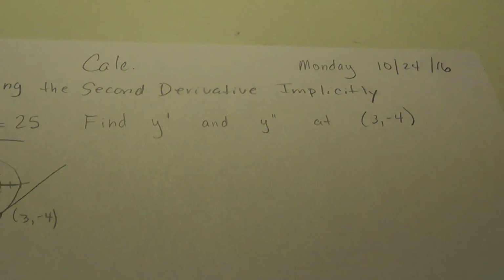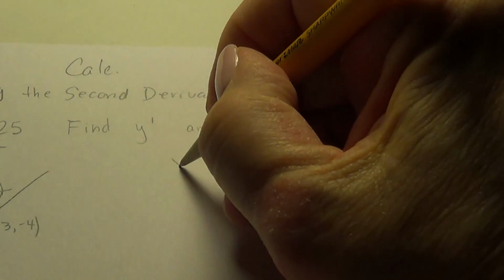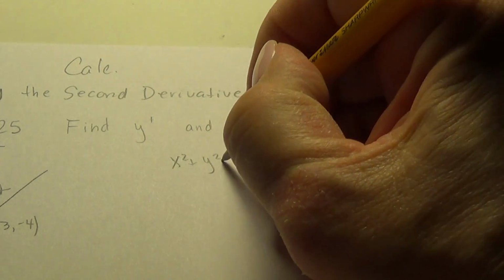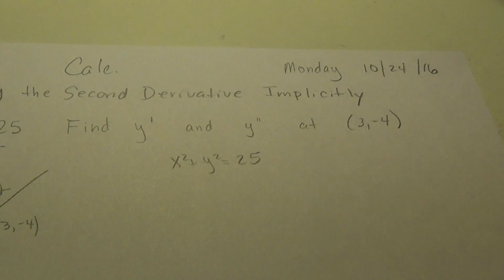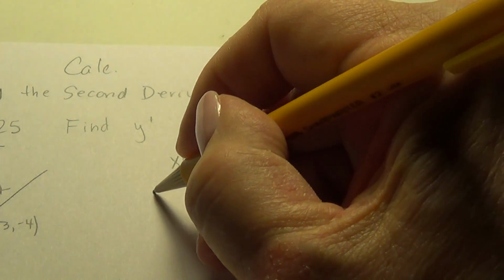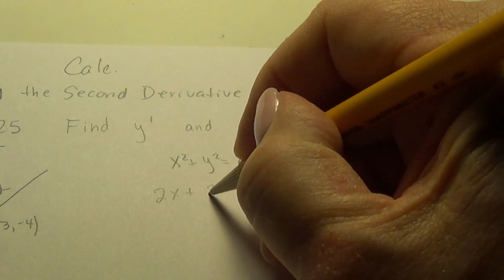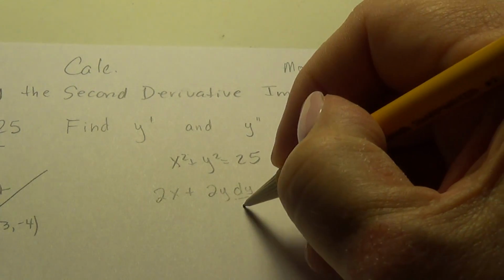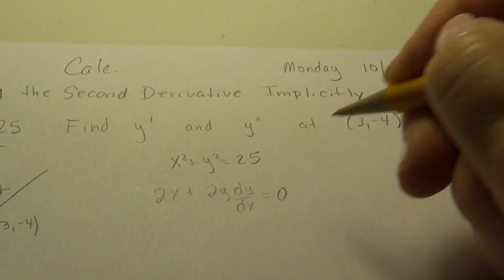Alright, so let me begin here with implicit differentiation. This one is straightforward. We get 2x plus 2y dy/dx equals 0.